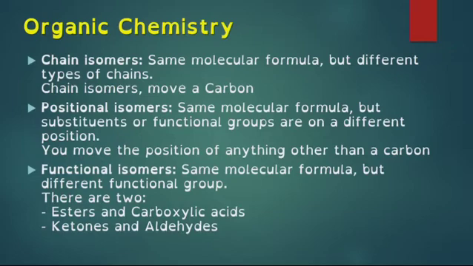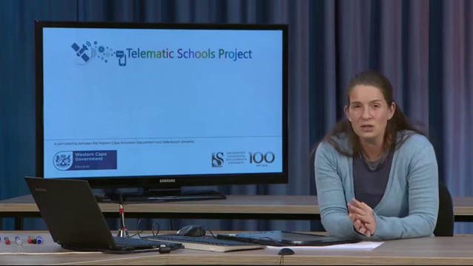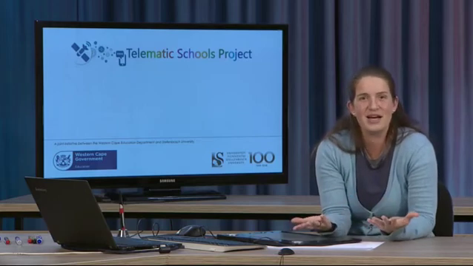And now we get to the one that lots of people forget about. Ketones and aldehydes. Now guys, I know this feels very weird because a ketone has got a double bond oxygen and an aldehyde has a double bond oxygen. But you need to remember back to the basic definition of homologous series and functional groups.